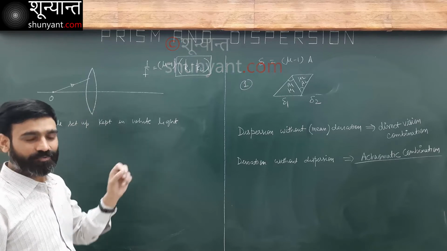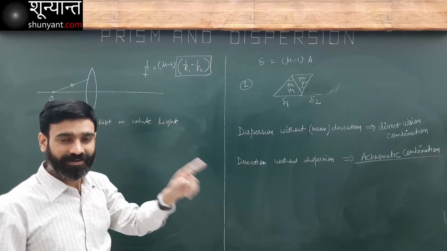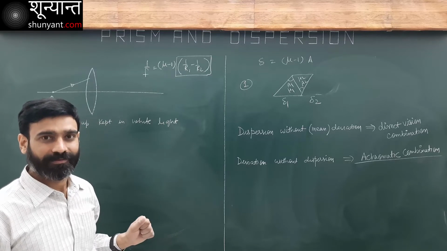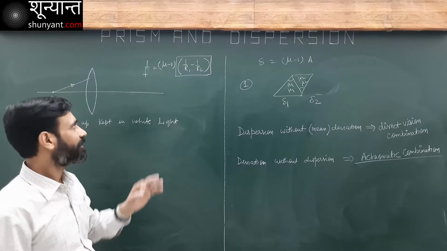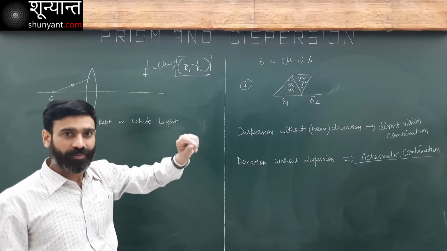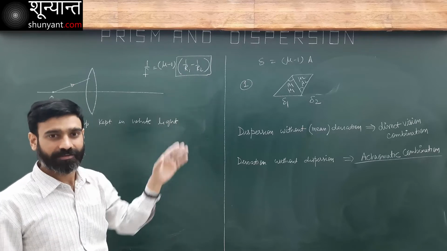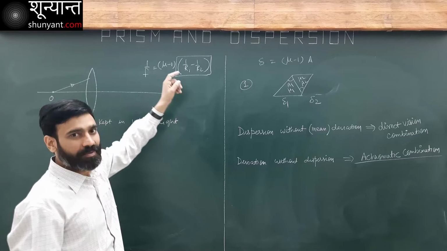But this lens is going to have different refractive index for different colors. Try to understand the significance. This is a geometrical property, it will be the same for every color. But the mu value will be different.